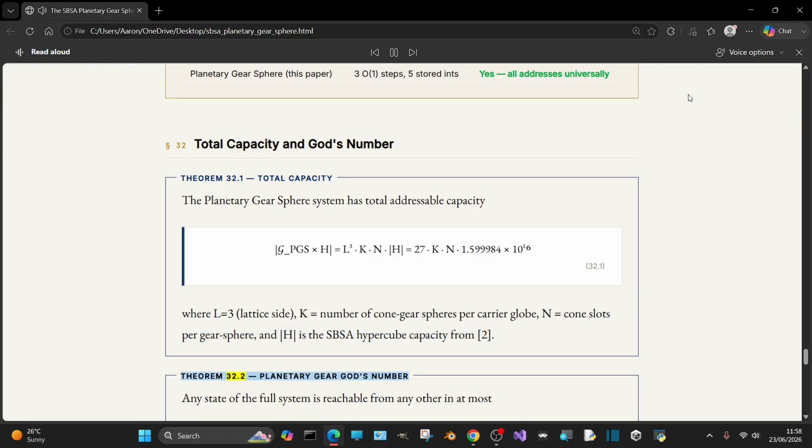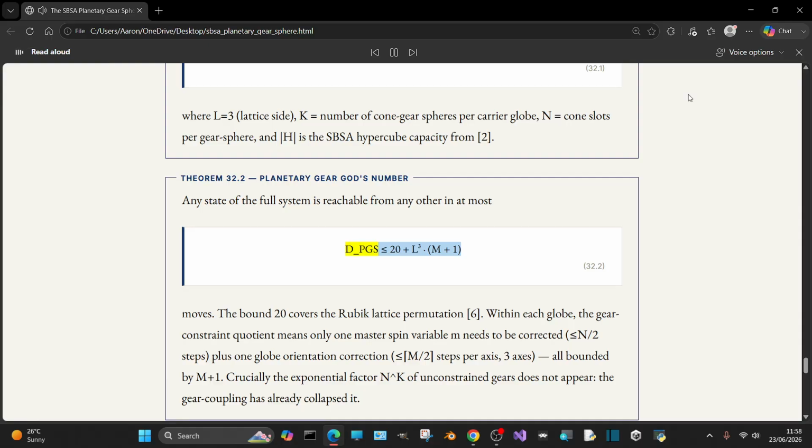Theorem 32.2, Planetary gear God's number. Any state of the full system is reachable from any other in at most d_PGS less than or equal to 20 plus L cubed times M plus 1 moves, 32.2. The bound 20 covers the Rubik lattice permutation 6.